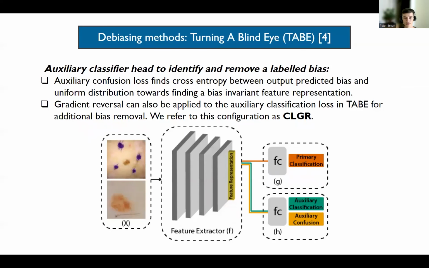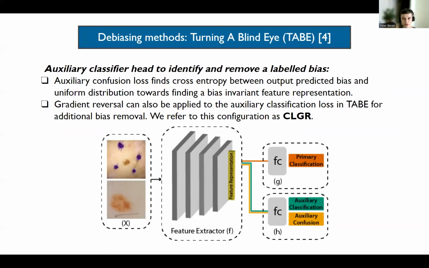And then the second one's called Turning a Blind Eye by Alvi et al. And it's similar in that it uses an auxiliary classification head, but this time it uses a confusion loss in place of the regularization loss, and it doesn't use gradient reversal. But we do experiment with adding gradient reversal into it as well, which was suggested in the Learning Not to Learn paper.